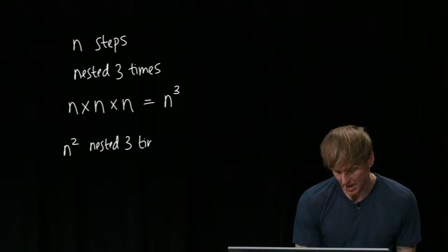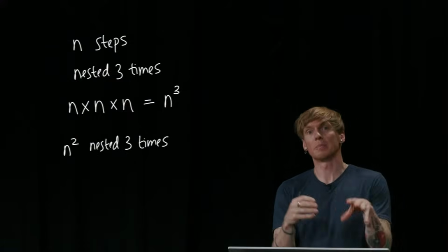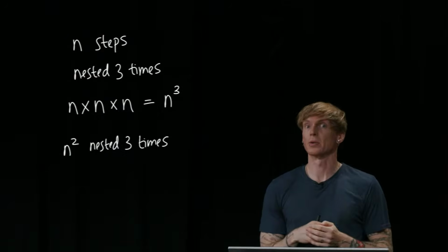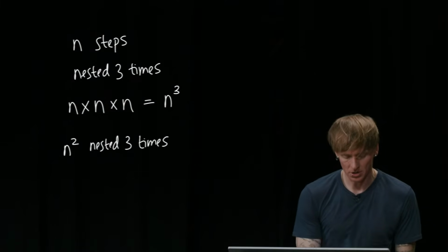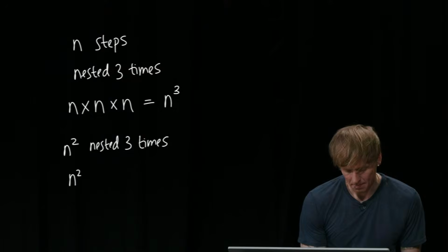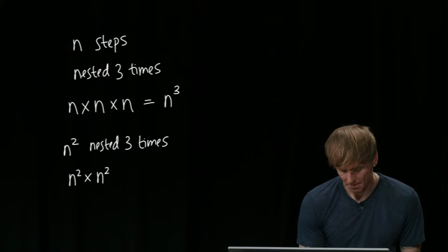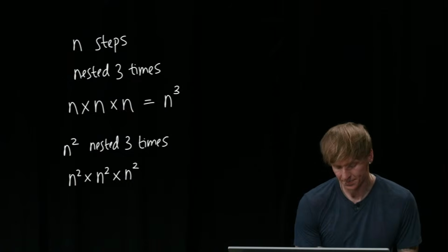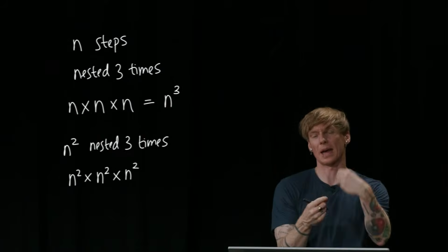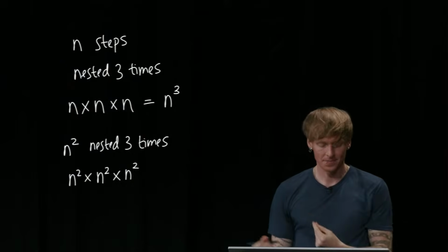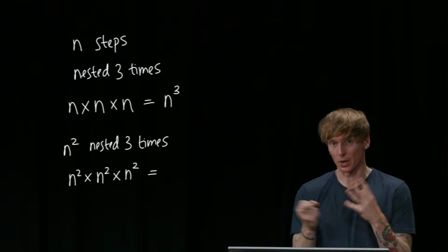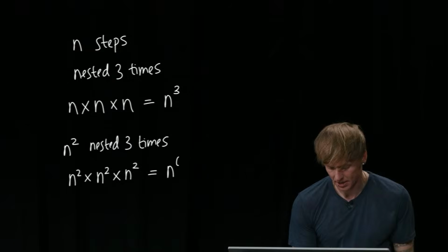So there's 2 ways we can think about computing the final exponent of this program. So we could do n squared multiplied by n squared multiplied by n squared, similar to how we thought about that initial n times n times n. And that would give us, again, following our rules, n to the 6.